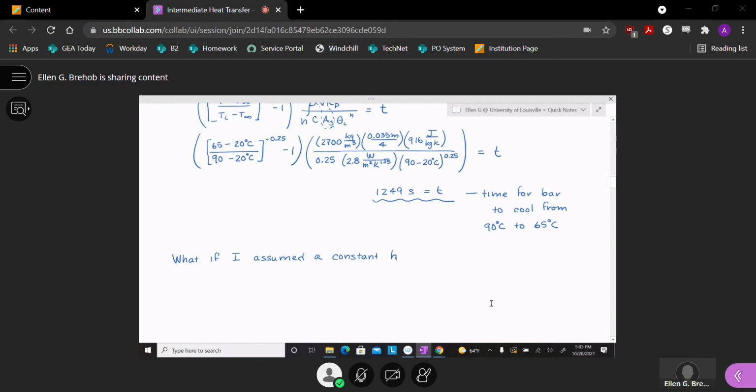We had free convection, which is driven by this temperature difference between the object and free stream. Okay, but let's say I'm going to pick an average constant h value.